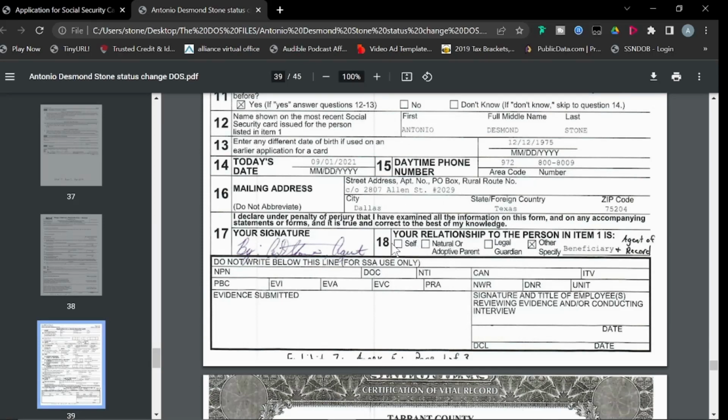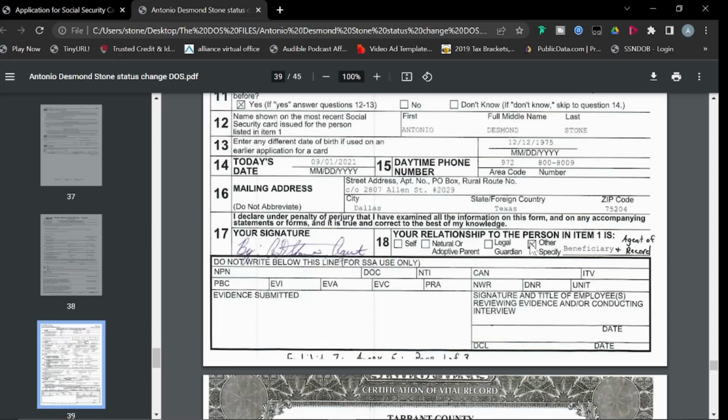And then right here, this is the problem, and I'm going to give you the spiel on it. Item 18, your relationship to the person in item 1. Didn't I just say you can sign on behalf? Why do you have these different choices right here? I'll give my spiel after I talk about this. Over here, you put other.